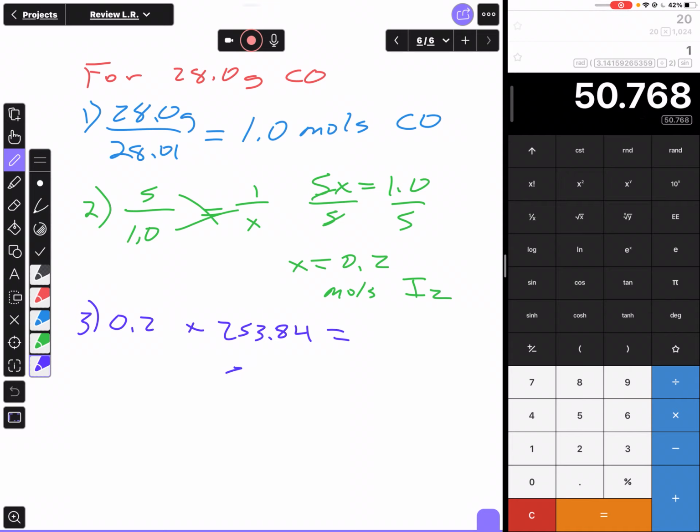And I get 50.77 grams. And that is grams of I2. So when I used CO, that reactant, I got 50.77 grams of I2.